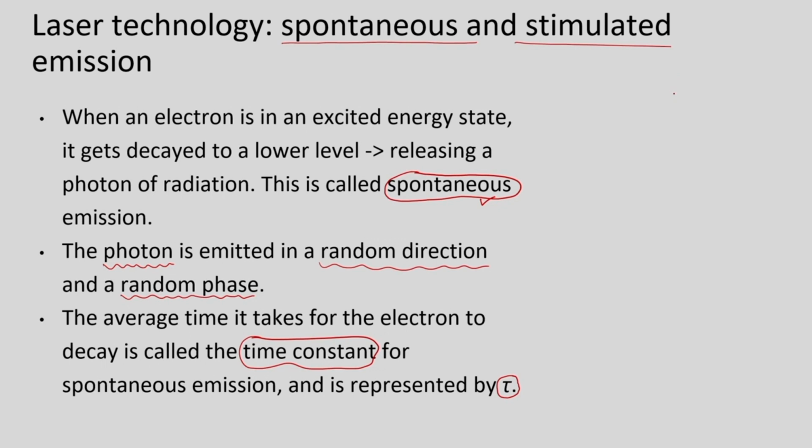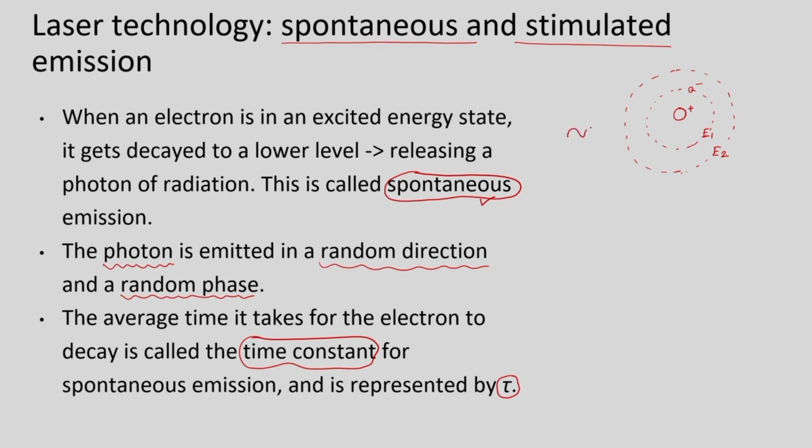In our previous slides we have seen the process of absorption. Let us consider we have a positive nucleus and there are two orbits around the nucleus. This is energy state 1 and energy state 2, and let us consider there is an electron, a negatively charged particle.